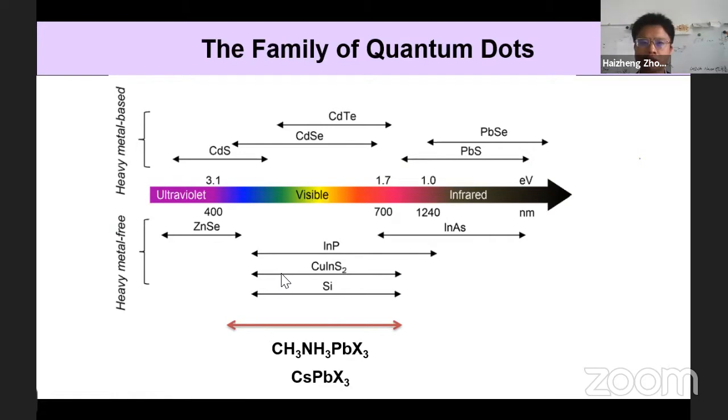There are also reports on silicon quantum dots and copper indium sulfide, and very recently perovskites were developed. So almost most of the semiconductors can be achieved as a series of QDs.